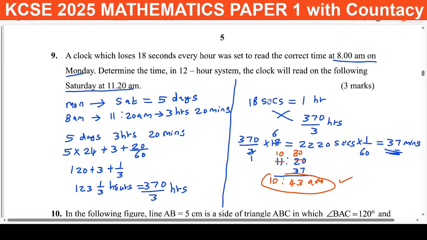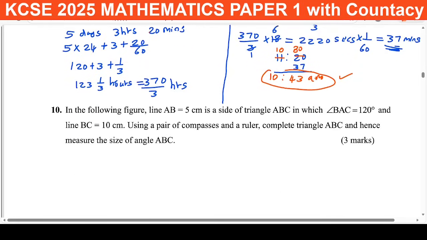But even more importantly, this is where the trick for this question was, and that is whether you are supposed to take these 37 minutes and add them to the actual time, or subtract them, because you'll find a number of students adding these 37 minutes, and that will definitely make you lose your mark for the answer. So for this particular case, that's how you are supposed to handle it.